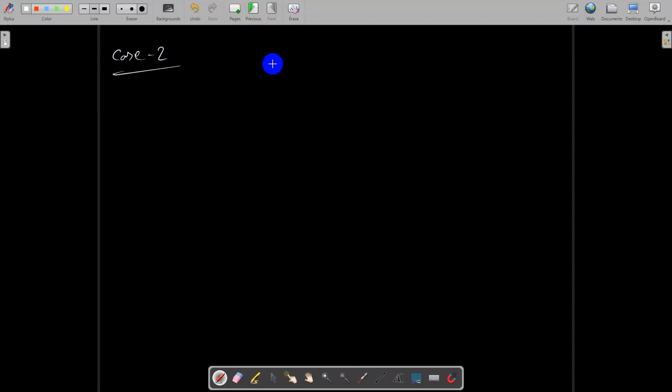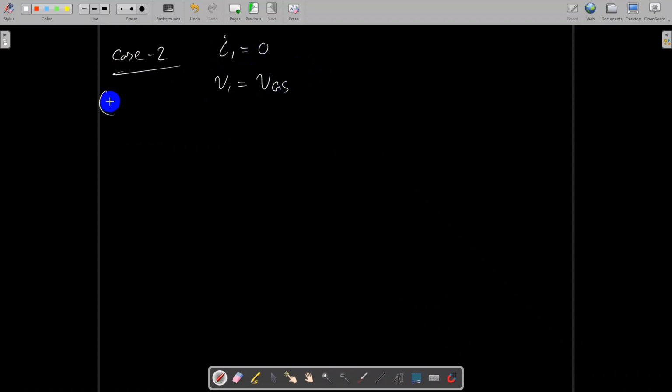Case 2. So what is case 2? Again, I1 is 0. Now this V1 is not VGS. It's small v plus capital GS, bias plus small signal.